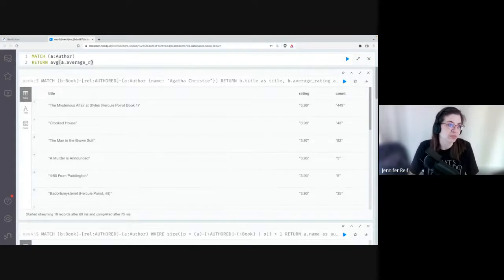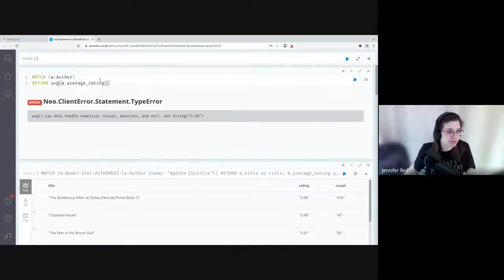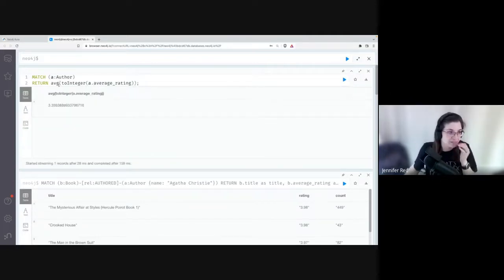Well, let's find the middle of the road authors. So this query right here. Oh, sorry, hang on, I need toInteger. When I imported the data, it stored it as a string, so I have to go back and refactor the data. Okay, so the average rating is actually 3.359, et cetera, for an author.